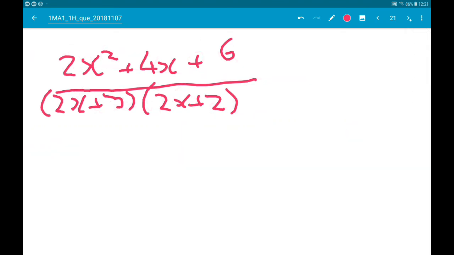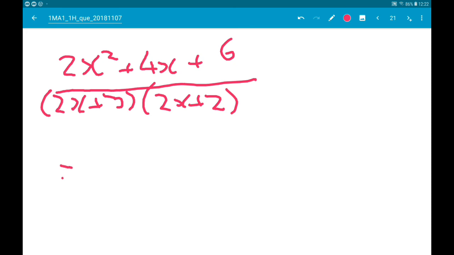Okay, so the common factor I mentioned is 2. Every term on top has a factor of 2, and that second bracket on the bottom has a factor of 2. Now, because the bottom is all multiplying together, that 2 could come out the front. So, I'll show you.